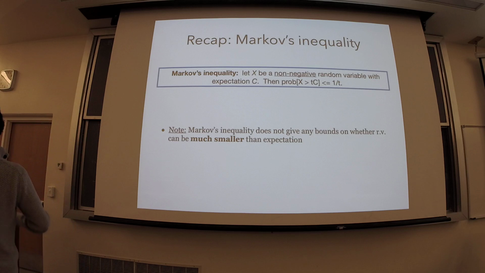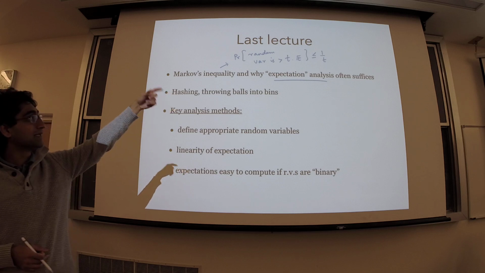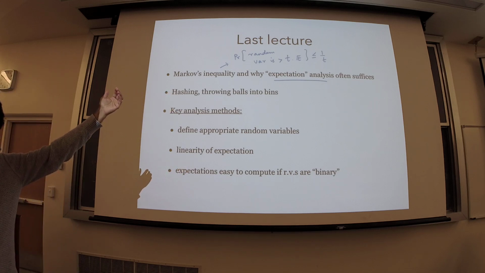And this we said is very useful because when you're trying to analyze an algorithm, it makes sense to just look at its expected running time or things like that. And Markov's inequality can tell you that the probability that you take much longer than that is bounded.